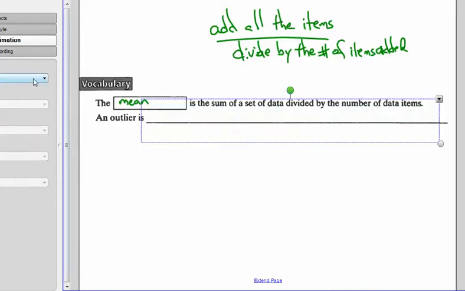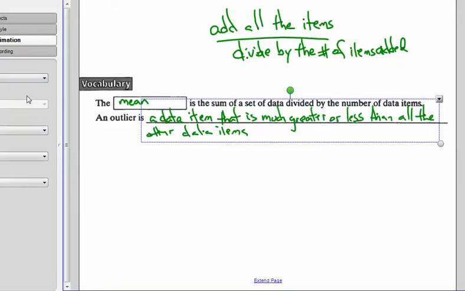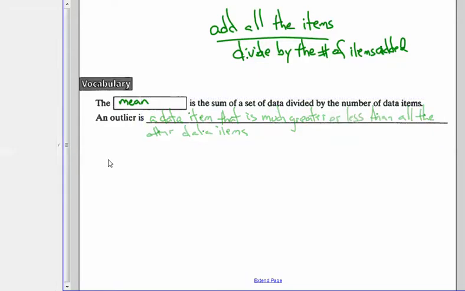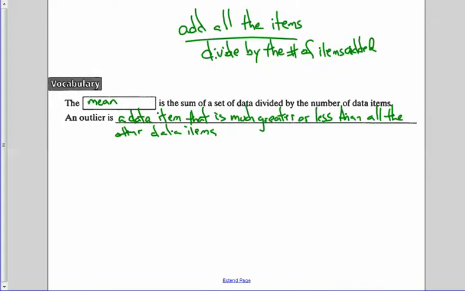So an outlier is an item that is much greater or less than all the other items. And it'll make more sense as we see some examples and identify some. So the outlier is a data item that is much greater than or less than all the other data items.